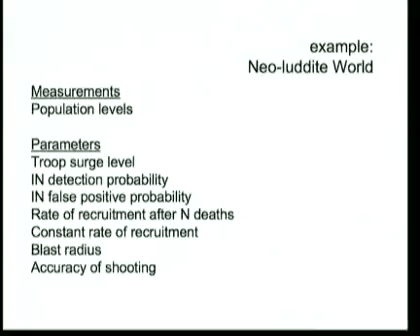The detection probability of the insurgents, that is, the ability of a counterinsurgent when contacting an insurgent to detect that it's an insurgent. The false positive probability, the mistake, I should say, that a counterinsurgent makes in detecting an insurgent.